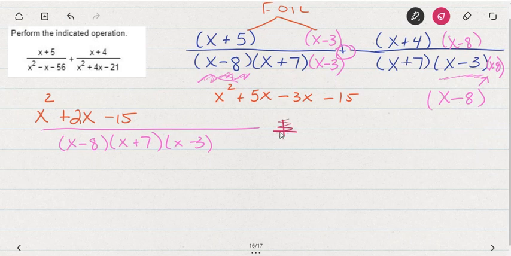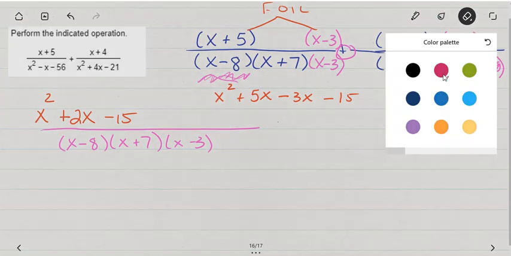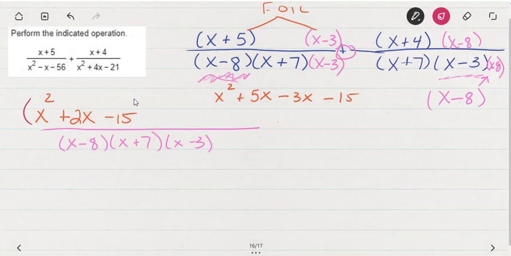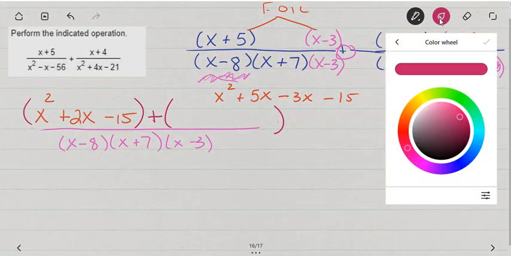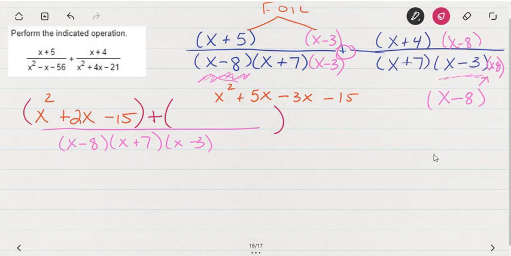Actually, I'm sorry, I've started to write this over, but I forgot. We already clarified that we've got the common denominator. So what we have here is our first term, our x plus 5 times x minus 3, and now we're going to add that to the x plus 4 times the x minus 8.